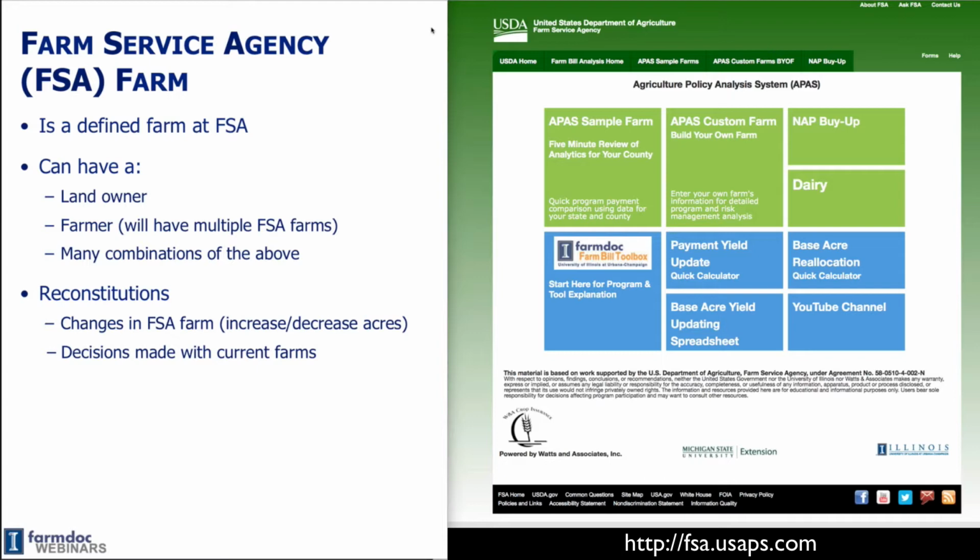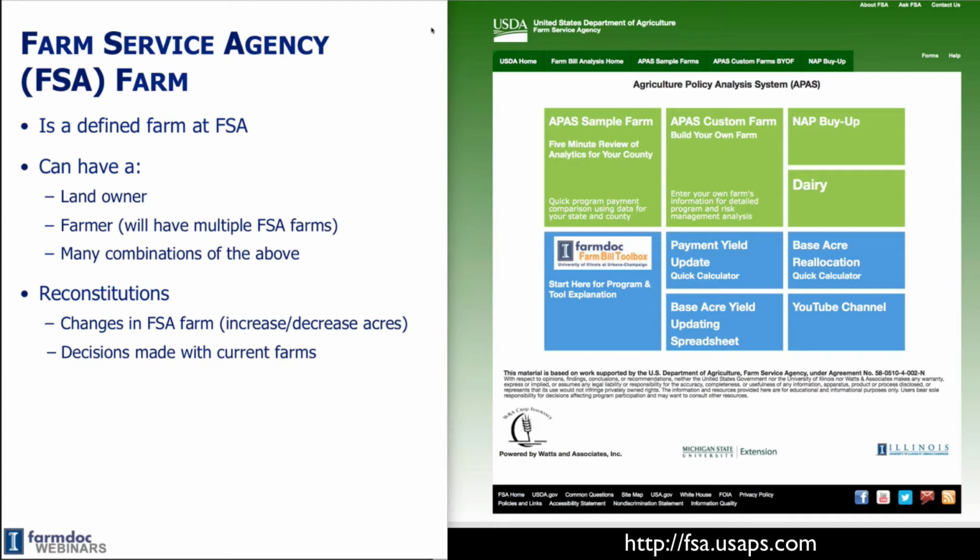All of you have to agree. You can't split the decisions. Every FSA farm has to be the same. You've probably done some reconstitutions in the past, but you're fixed in stone right now. The FSA farms that you have as of August are the ones you're going to be making the decisions on, and you can't make many changes on those farms.